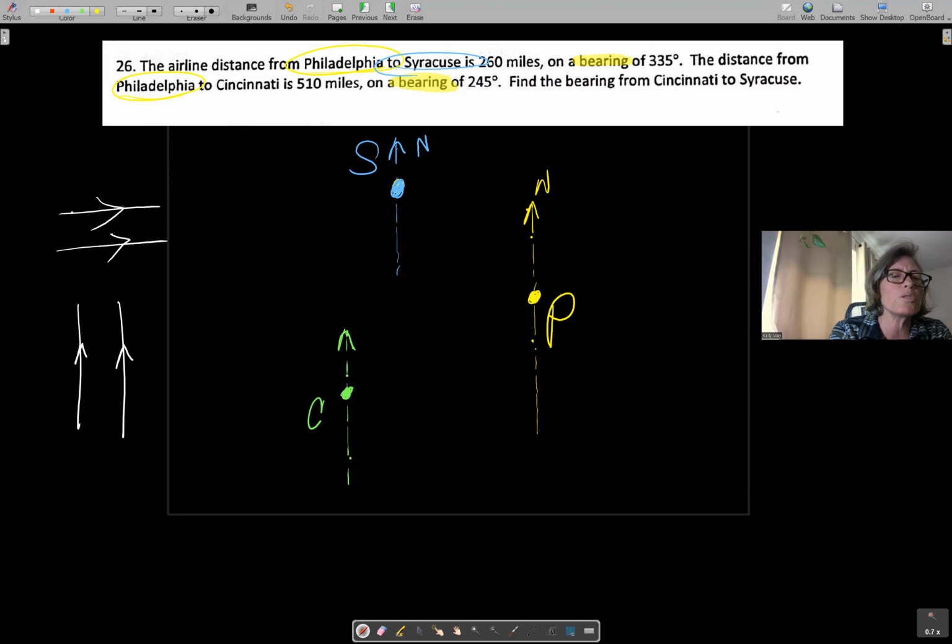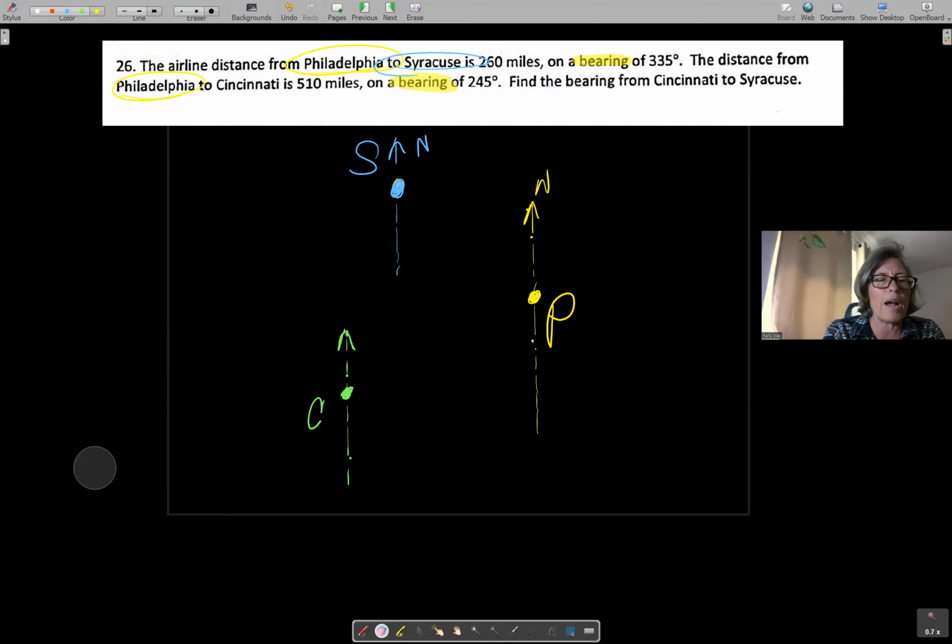So in both circumstances, you need to watch out for those alternate interior angles. I call them armpits of the Z. Under bearing problems, it's going to look like this, alternate interior angles like this. Again, I call it armpit of the Z, sideways. So watch out for those parallel lines. That's the piece of background information you need to have.